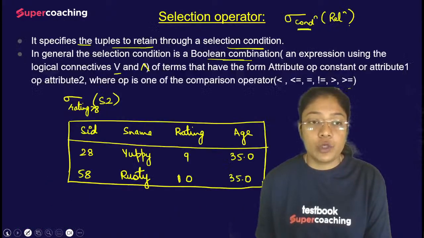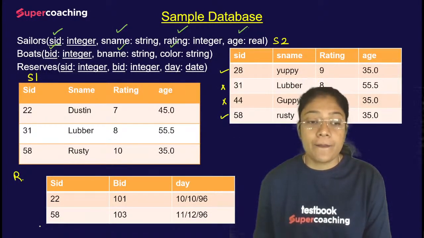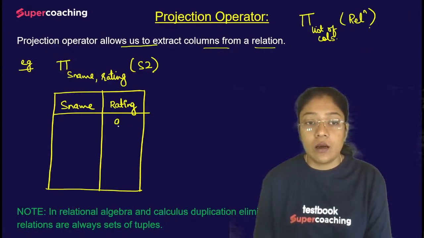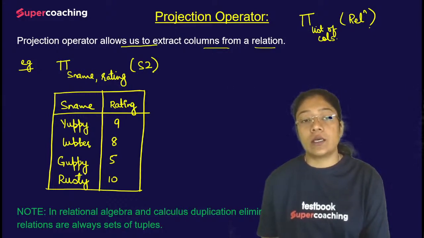There were 4 tuples, so we'll be getting 4 here. SName and rating has to be returned, so it's Yippee, Lubber, Guppy and Rusty, with ratings 9, 8, 5, 10. So these are projected. Is this clear?